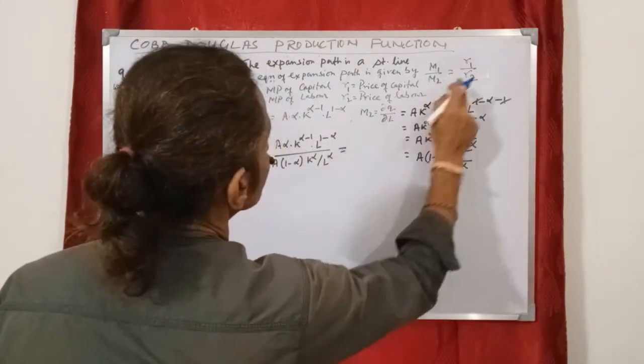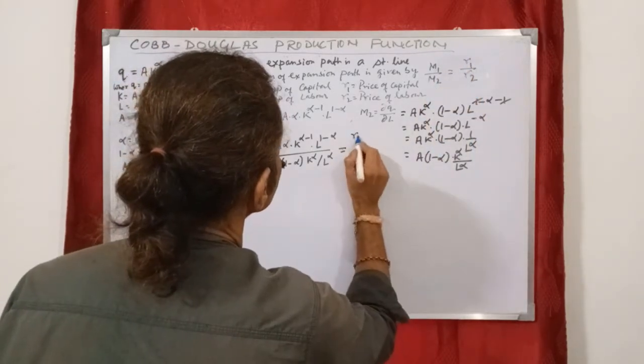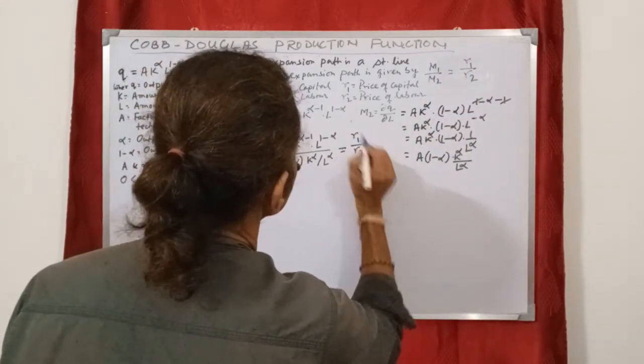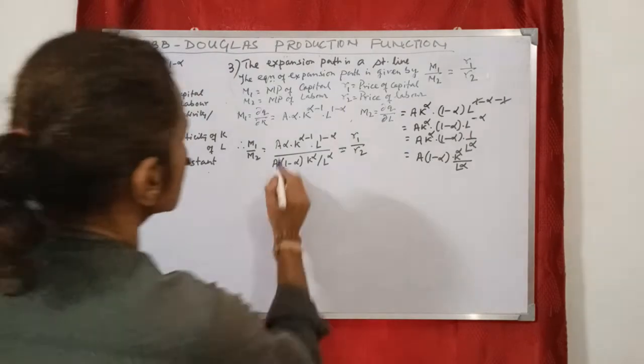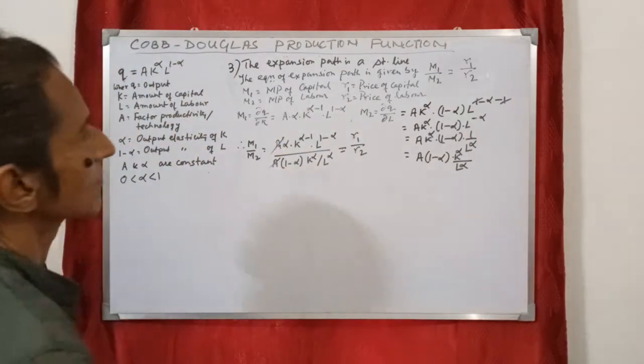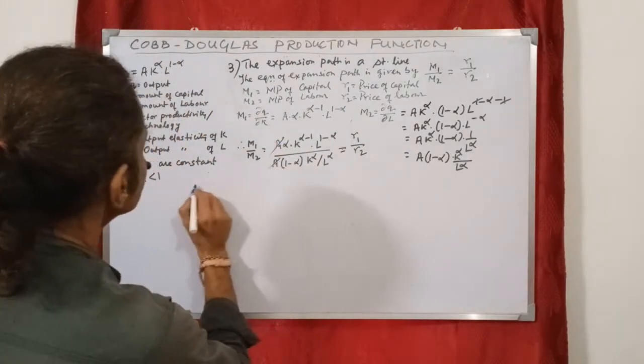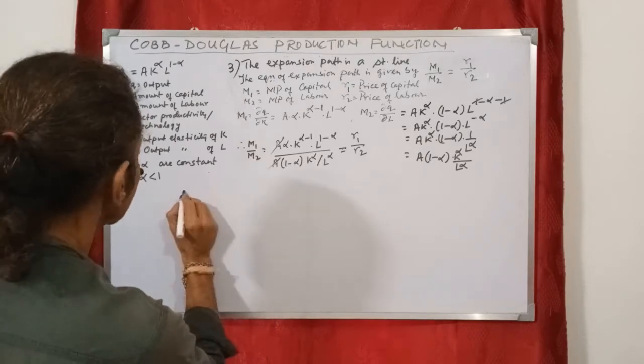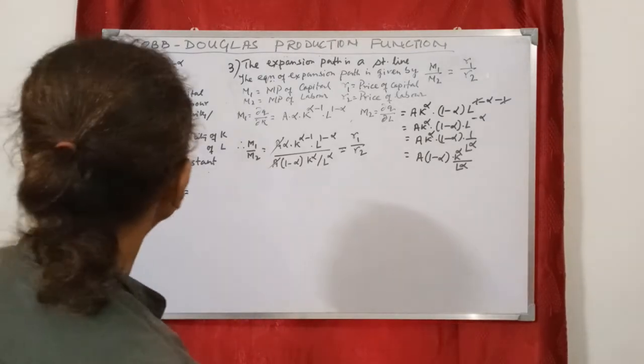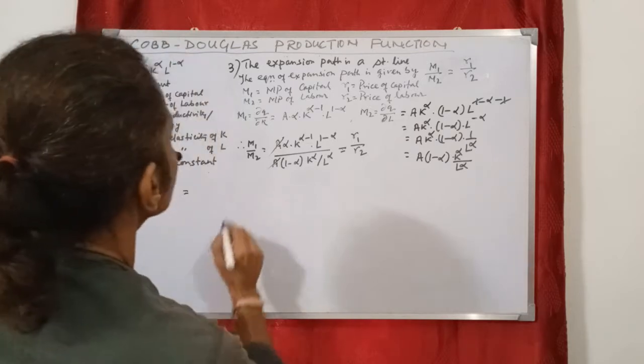This is equal to R1 by R2. So what remains? I am writing here to utilize the space fully.